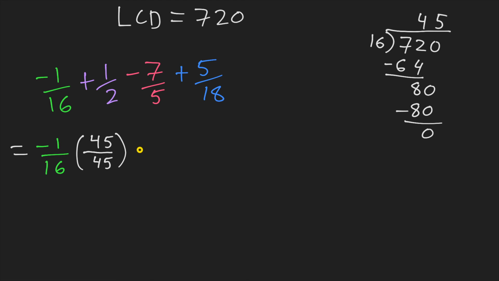Okay, so what are you going to do now? Well, to this, you're going to add 1 over 2. 1 over 2 times what? Well, you have to convert this 1 over 2 to an equivalent fraction that also has 720 as the denominator. And this one you can just do in your head. You just have to ask yourself, what do you have to multiply 2 by to get to 720?